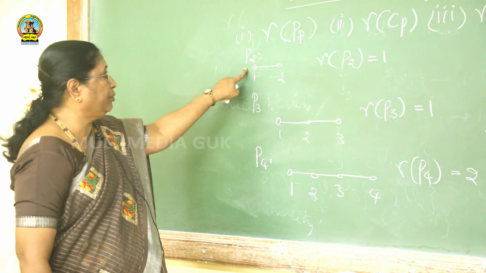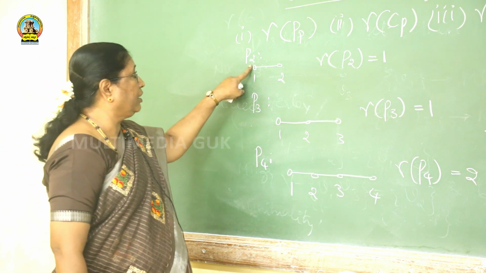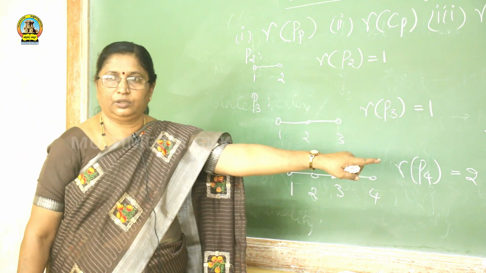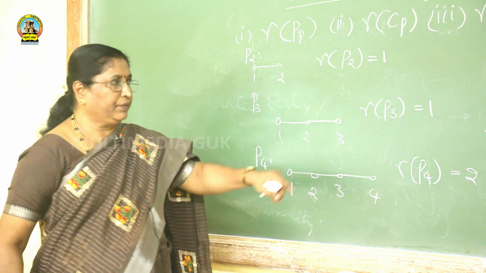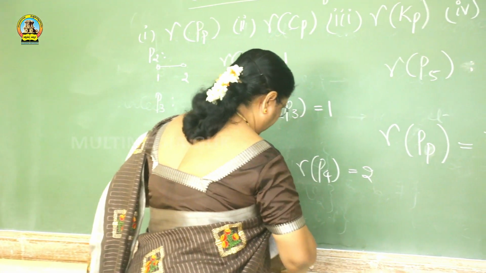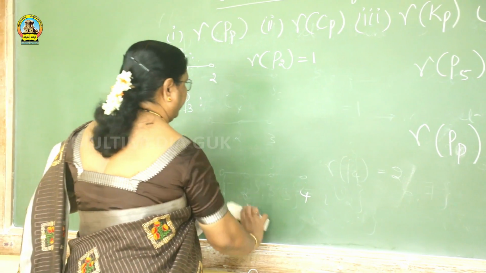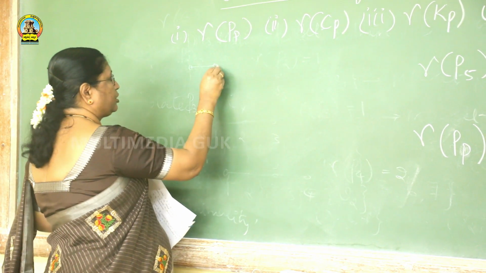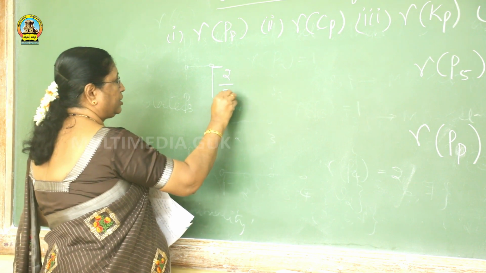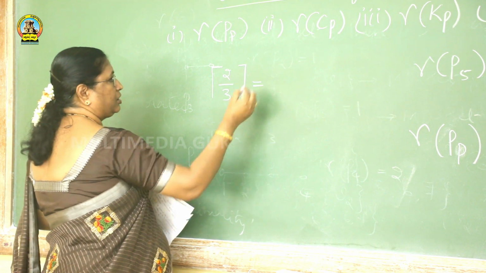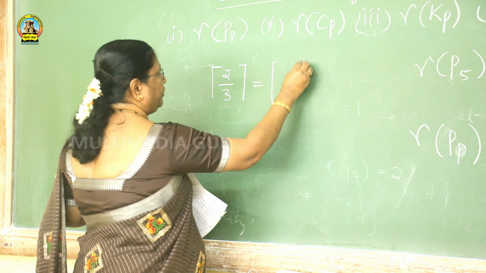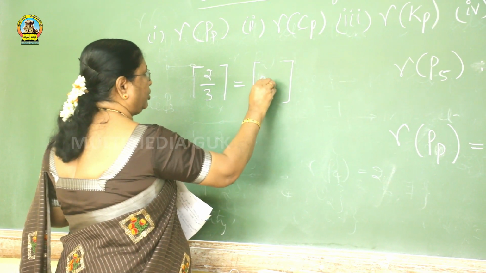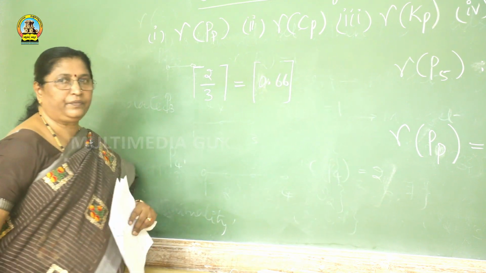n is defined to be the number of vertices given. Now here you have 2, so 2 by 3 you come across. 2 by 3 is written with the smallest integer function. Now this value is approximately 0.66 recurring.